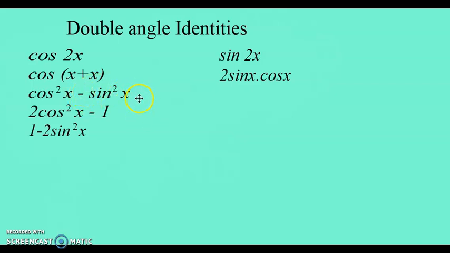So minus cos square x will give me a positive cos square x, so that is 2 cos square x minus 1. And if I substitute this cos square x with 1 minus sine square x, I will have 2 minus sine square x's, so it will be 1 minus 2 sine square x. We will shortly look at how this expands and how we get to these results that we work with.